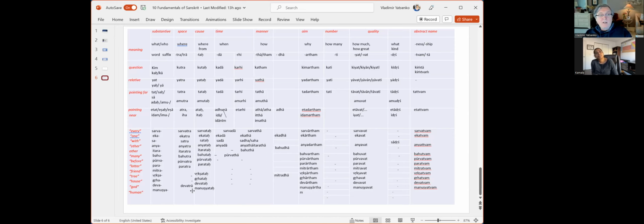I can say manushyatra, among people, or grihatra, among the houses, or around the houses, in location of the houses or towards the houses. This was used in the Vedic language, but no more. You can't find these words in the classical. It's prohibited.